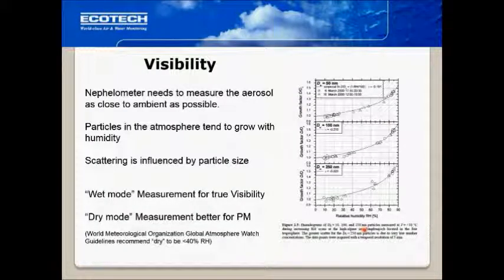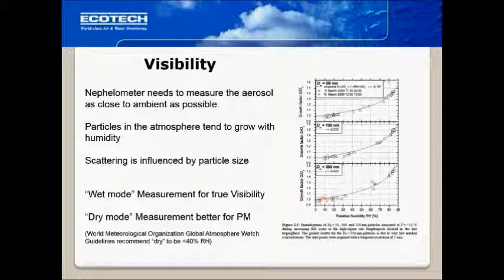You need to know that when particles get measured in the free air, they are influenced by humidity. Particles in the atmosphere tend to grow with humidity, and you see here some measurements done at the Global Aerosol Watch Station in the Jungfraujoch in Switzerland. They measured the growth factor for different size aerosols with relative humidity.